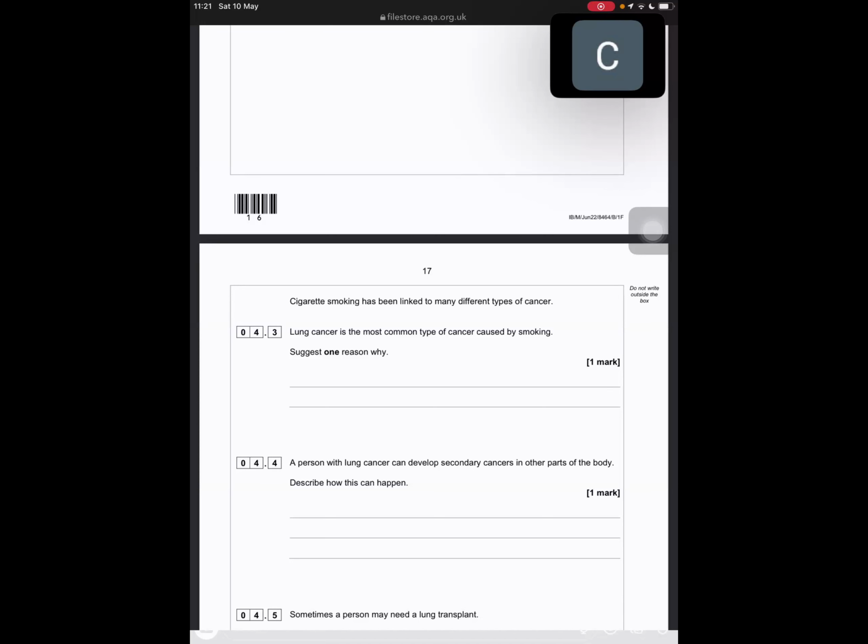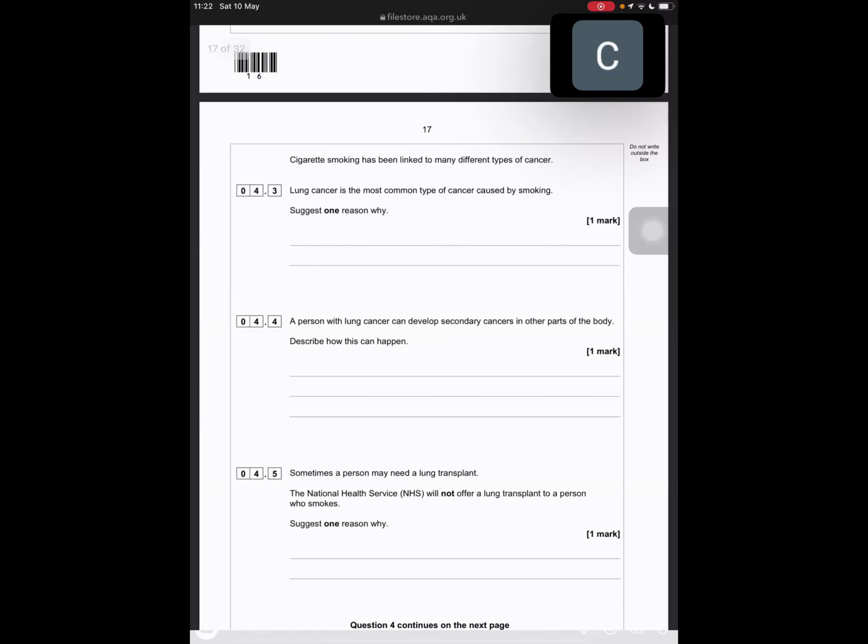But what does the marking scheme say? I guess they would have something more detailed, but that's what came to my mind. Chemicals are inhaled. Chemicals are more concentrated in the lung. Exactly. Okay, so we move on.